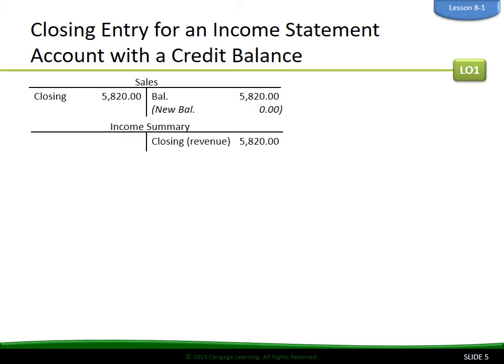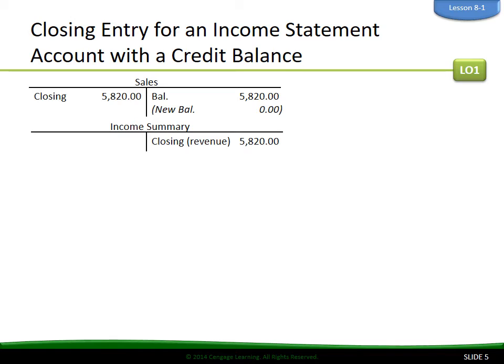We have talked all year about how anytime you have a debit, you have to have a credit, or if you have a credit, you have to have a debit. So in order to, again, close out sales, you can see where it says that new balance of $0. Because we had a $5,820 credit, our closing entry in the journal, we would debit sales for that same amount of $5,820. Because we have a debit there, we have to have a credit.